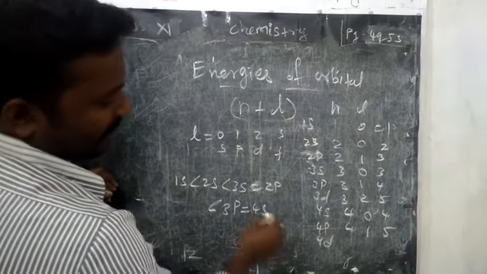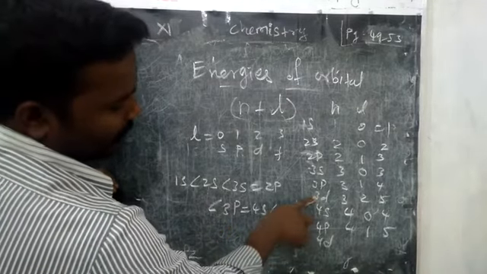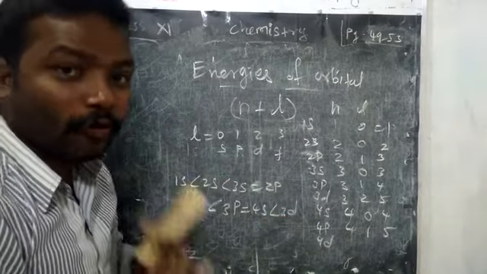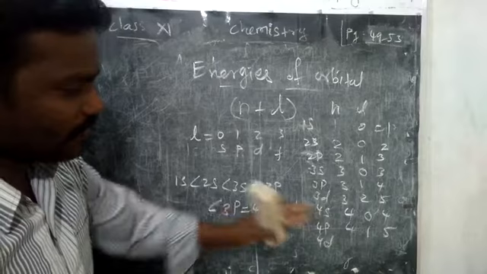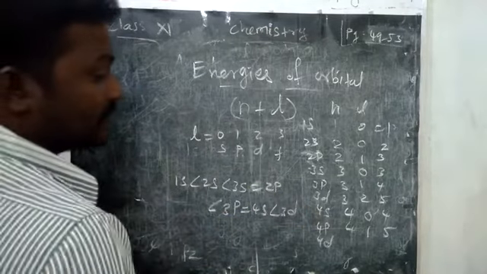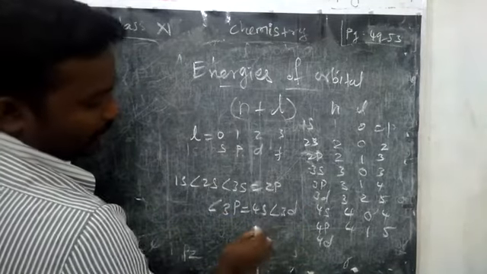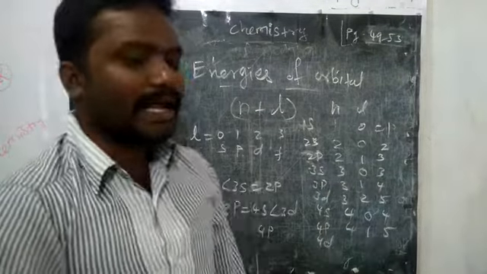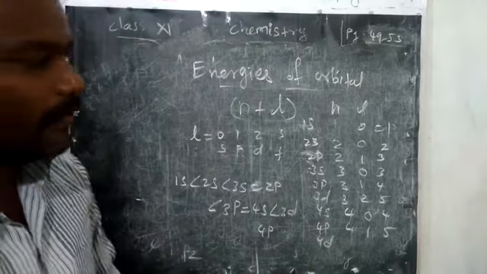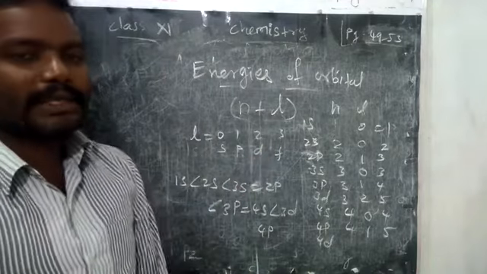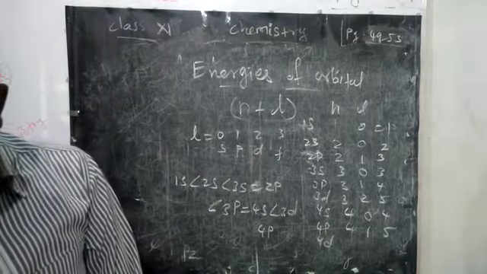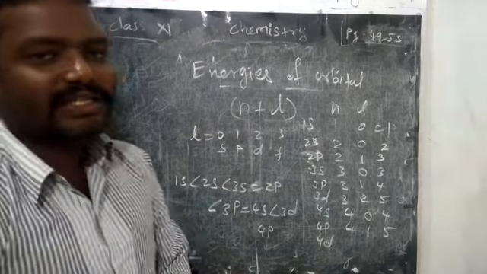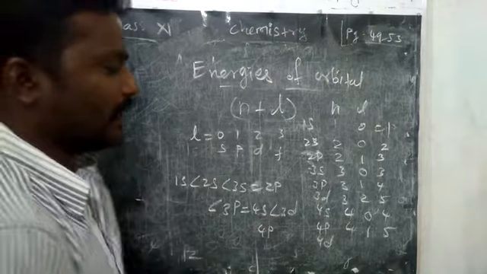Next you see 3d. So 3d has higher energy than 4s, even though 4s is in the fourth energy level. Next to that 4p. So from this sequence we can understand the energy level will differ based on the n plus L rule. So these are the things used to arrange the energy levels of all the orbitals.